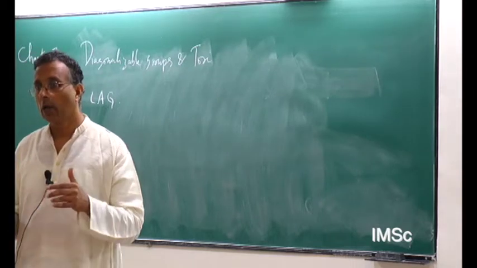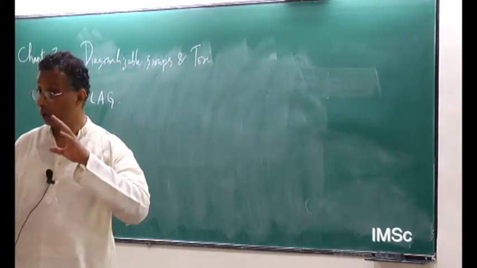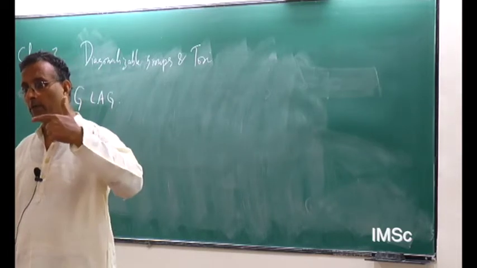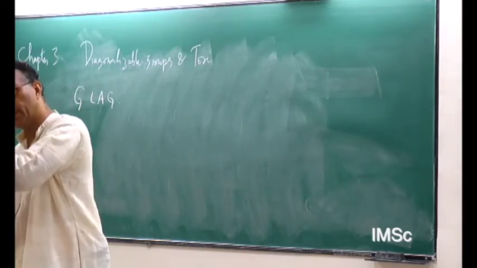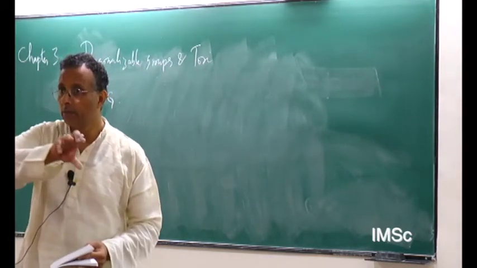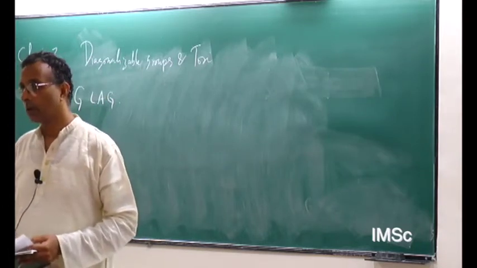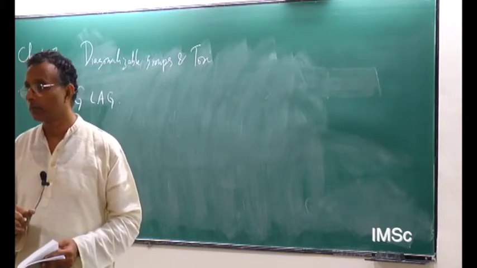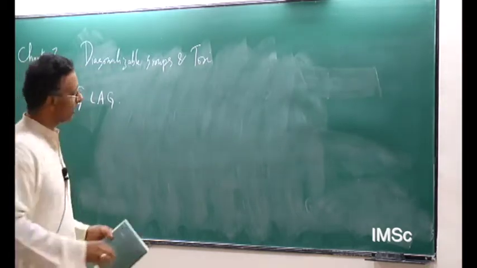When you have homomorphisms into a commutative group, think abstractly: G is an abstract group, and you fix a commutative group H. If I consider homomorphisms from G to H, and you give me two homomorphisms, I can multiply them. That's also a homomorphism, because I can define phi times psi.